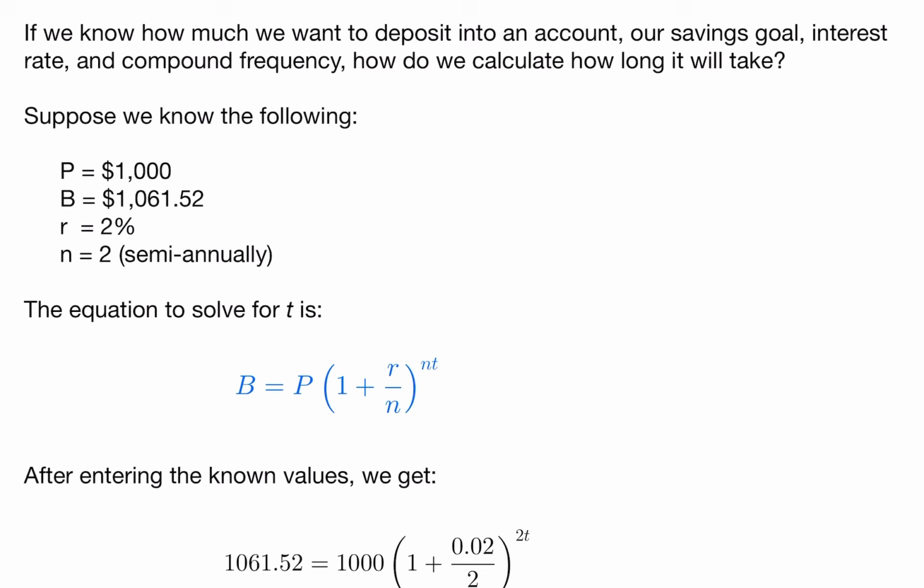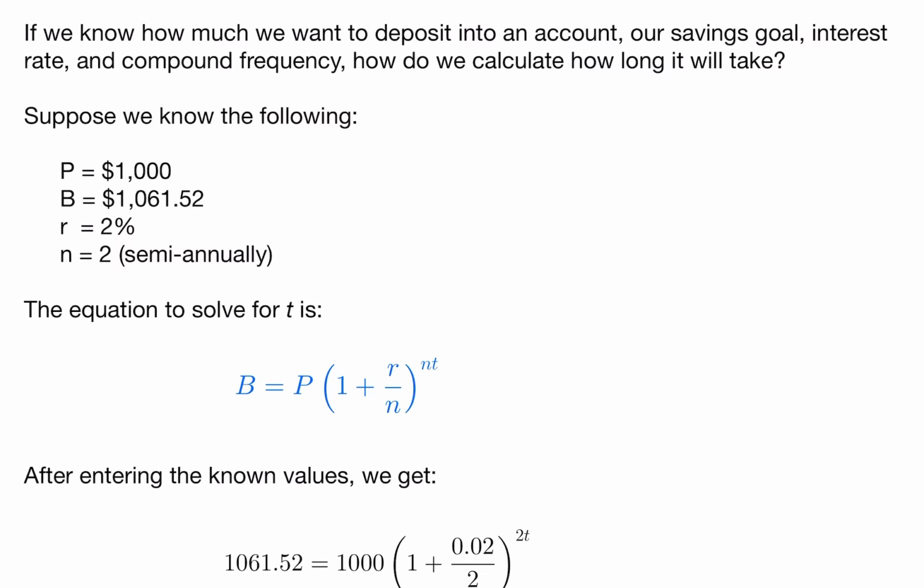We know P, which is our deposit amount or starting amount, of $1,000. And we know that at the end of some period, we're going to have an ending balance of $1,061.52. We also know that the interest rate is going to be 2% and the investment is going to be compounded 2 times, or semi-annually.